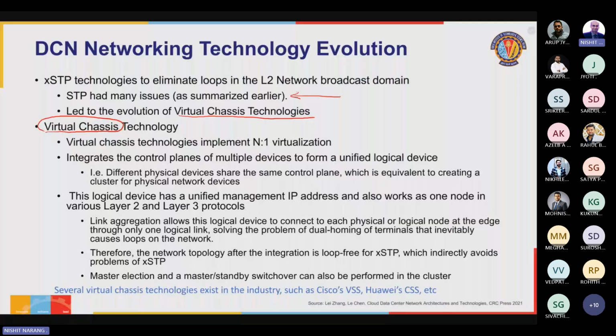So by virtual chassis, we mean a logical grouping of many physical switches or network nodes connected together such that they behave as if they are one large switch or one large network node. So virtual chassis was also a technology designed to solve the problem of broadcast storm. See, why do you have a broadcast storm?